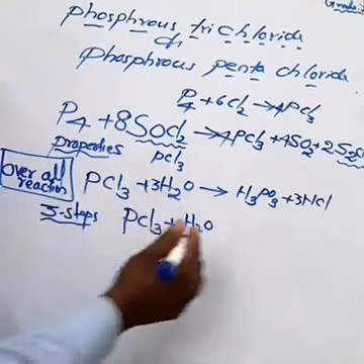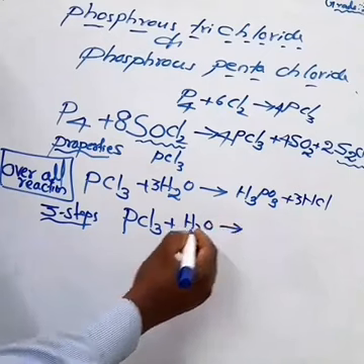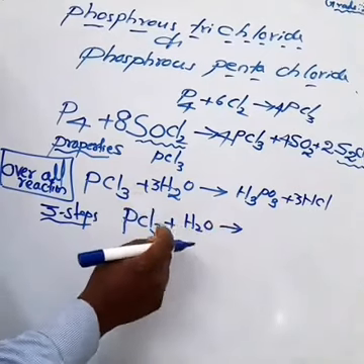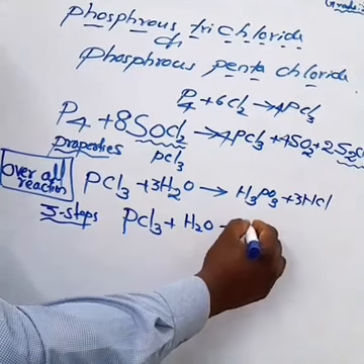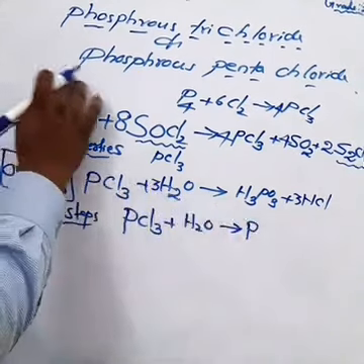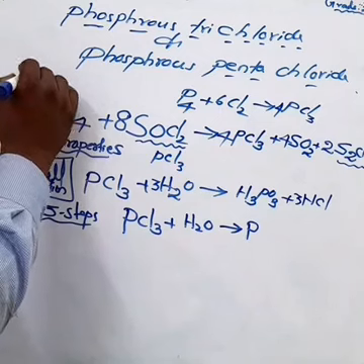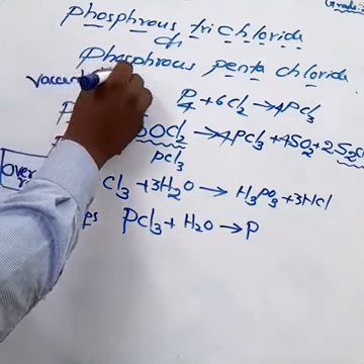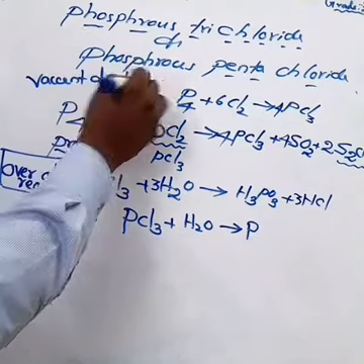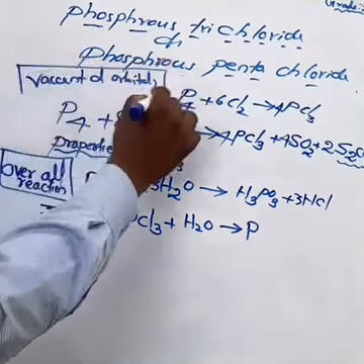We get a coordinated water molecule, that is the phosphorus atom is coordinated with the water molecule using vacant d orbitals. Anyhow, how is the hydrolysis going on?